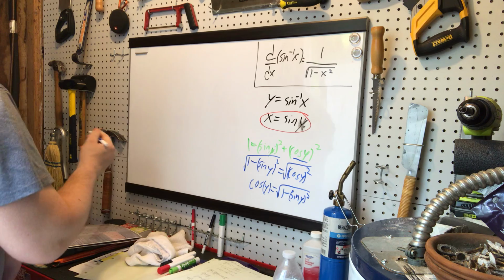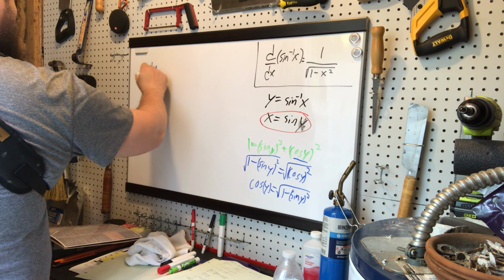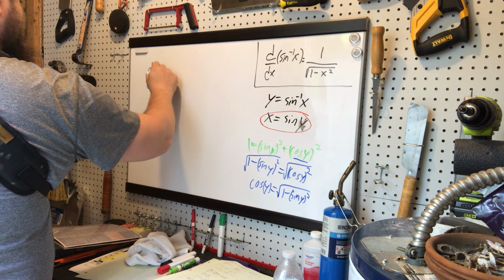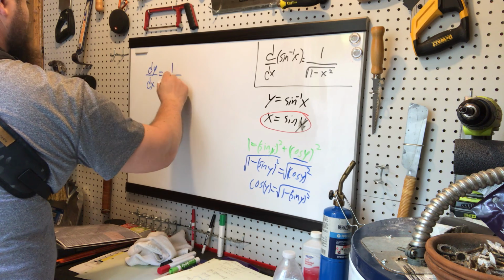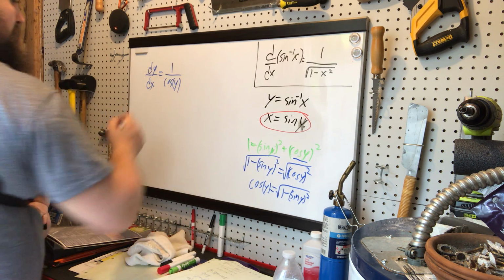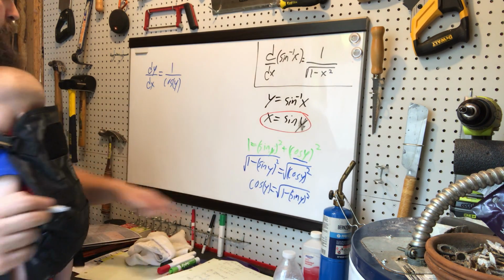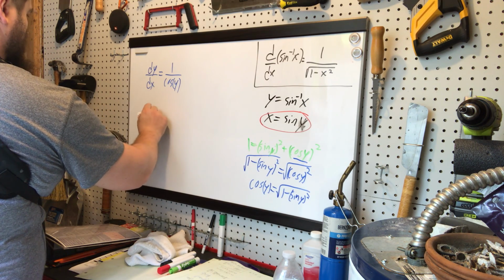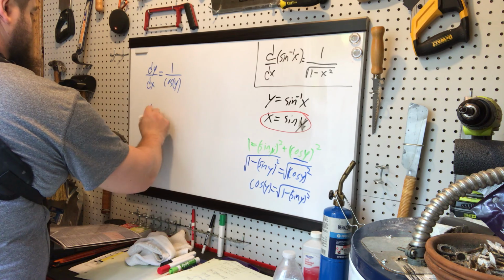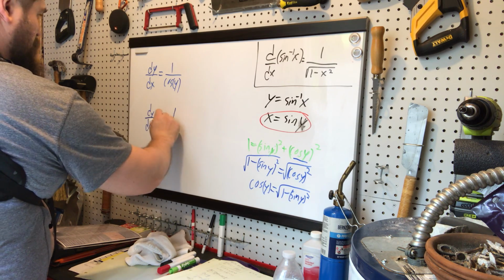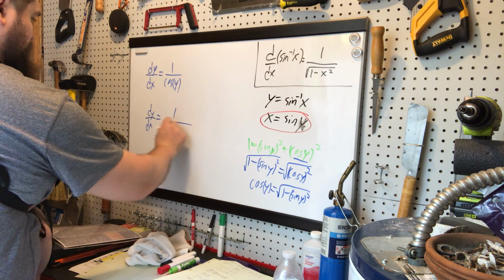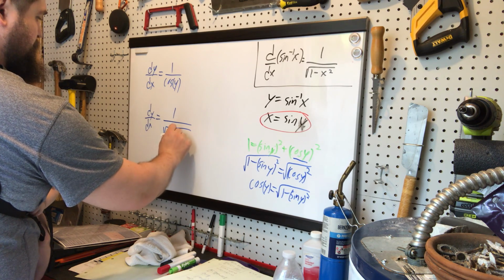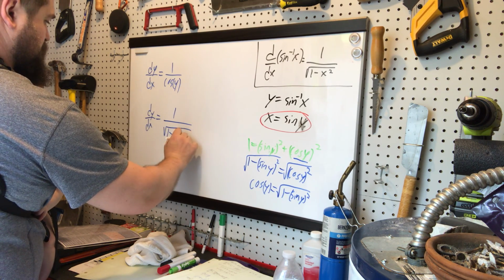So, coming back to here, this is where I had dy over dx is equal to 1 over cosine of y. Well, guess what? We have our cosine of y right here. So that means dy over dx is equal to 1 over the square root of 1 minus sine of y squared.